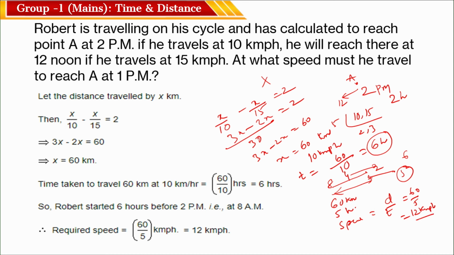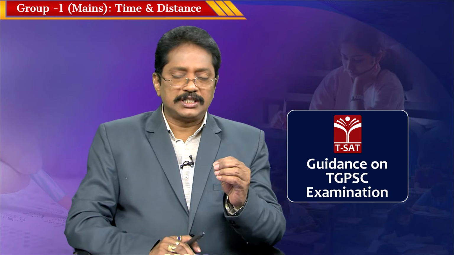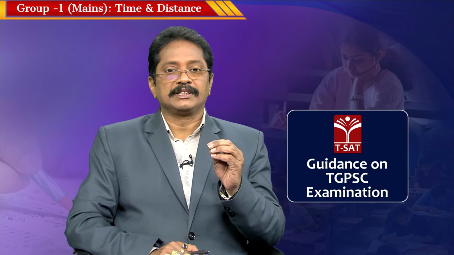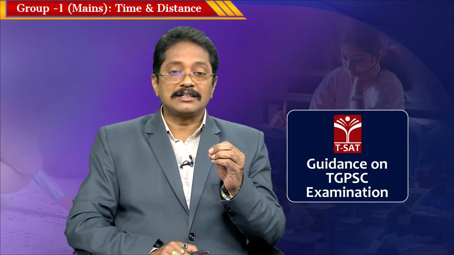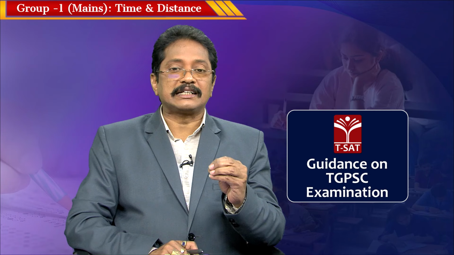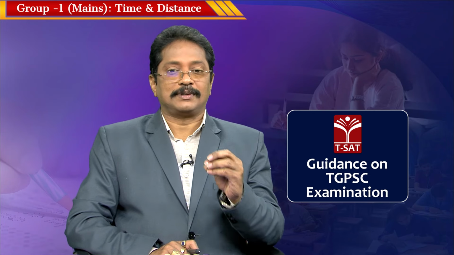Is it clear? In this manner you can find the speed needed to reach point A at 1 p.m., which is 12 kilometers per hour. For mathematics background aspirants, the question and concept are simple. But for non-mathematics background aspirants, you have to practice this kind of question, which is very important.